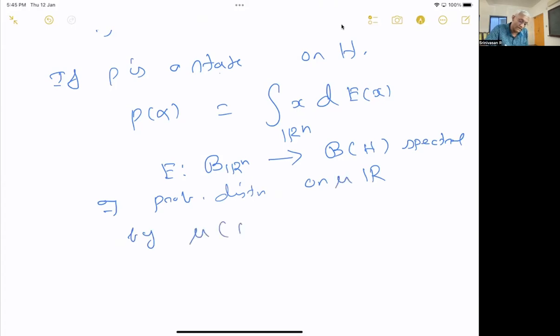So mu of A equals trace of rho E of A. I should use mu of A, sorry.